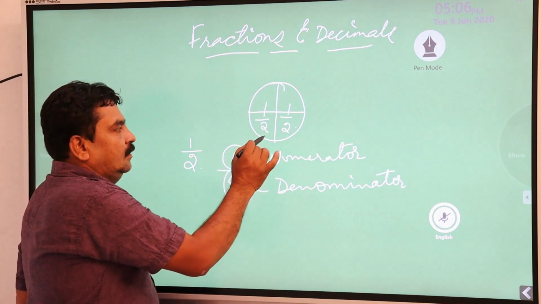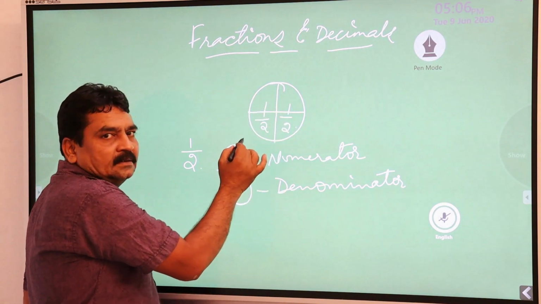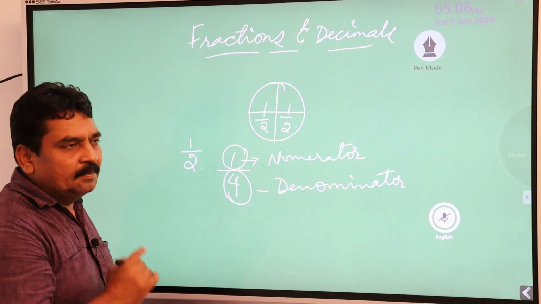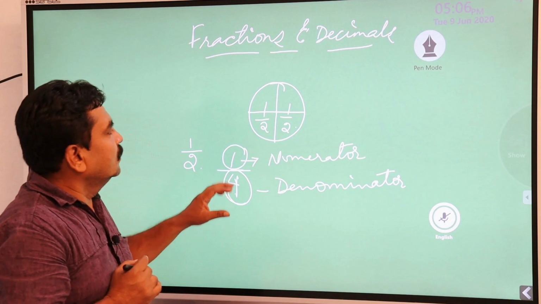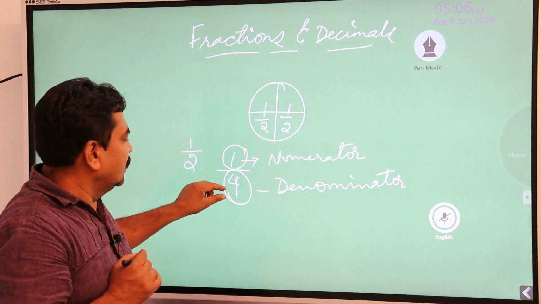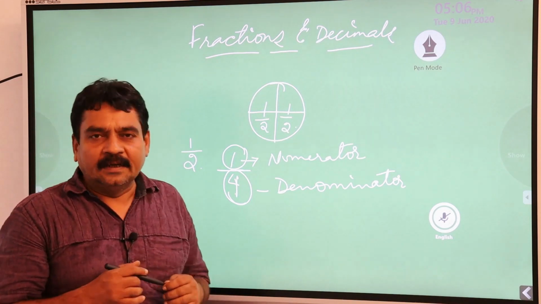See here, the number of parts is actually represented by the denominator. So you should always remember that the number of parts is represented by the denominator.